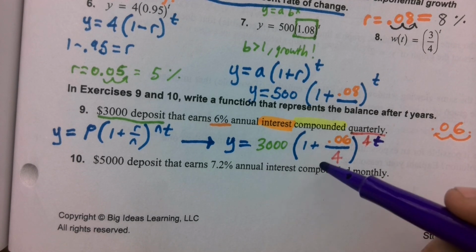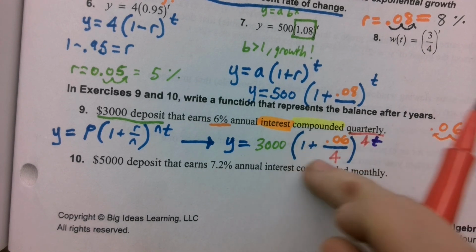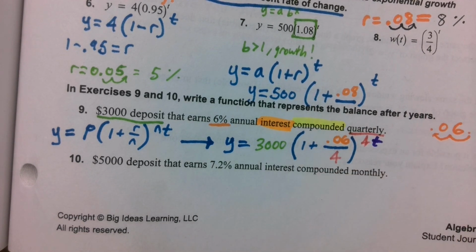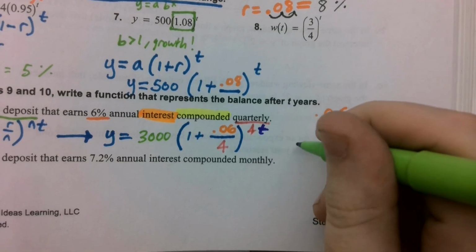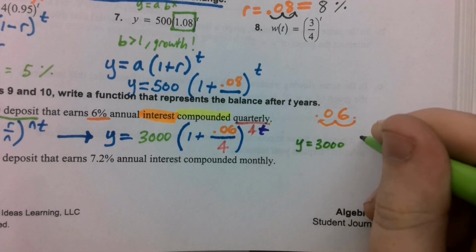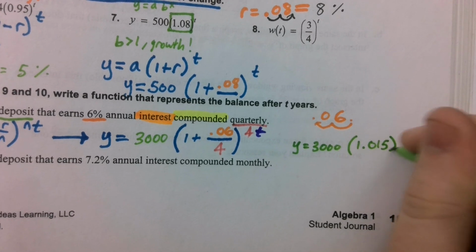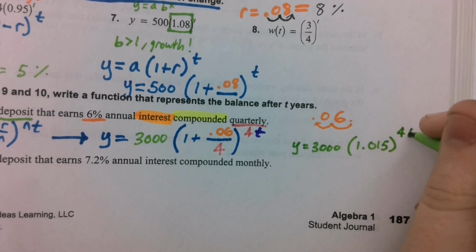Big Ideas will want you to simplify what's in parentheses, but you are not required to do so for today. But again, you may have to simplify parentheses here and end up with something a little weird. If you do so and you want to check your answer, your answer for the final bit should end up being 3,000 times 1.015 to the 4t power.